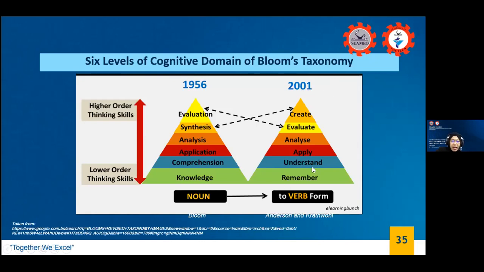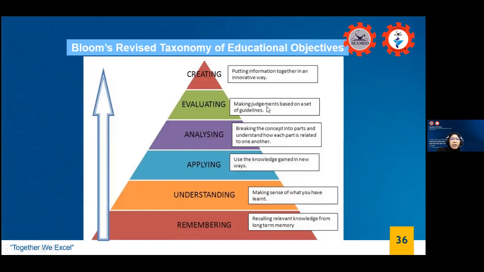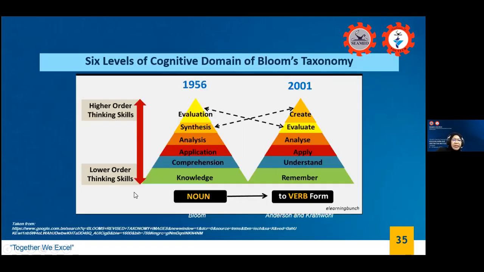So now we are more into this particular pyramid of Bloom's taxonomy. Look here, from lower thinking skills to higher. Sometimes lower order thinking skills is known as LOTS.